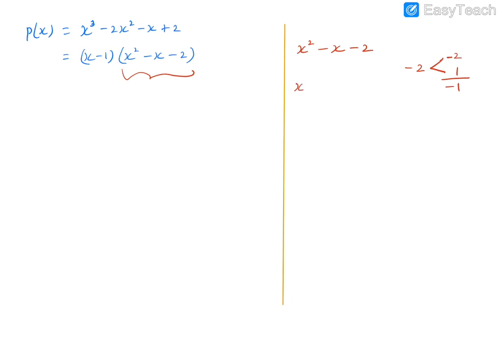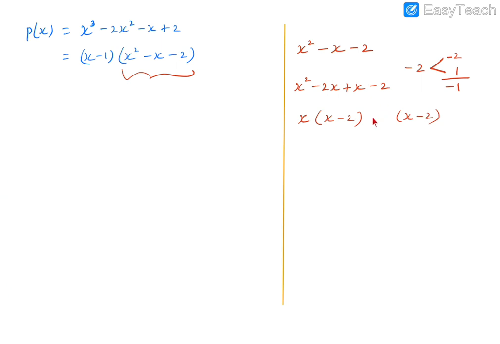So we can now split this as x squared minus 2x plus x minus 2. Clearly the expression does not change, because in place of the middle term, minus 2x plus x is minus x, and we have the minus 2 term as well. So now we can take x as a common factor. Taking x as the common factor, we get x into x minus 2, and then we have this x minus 2 repeating itself.